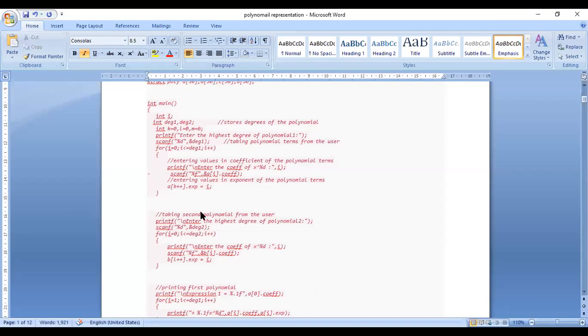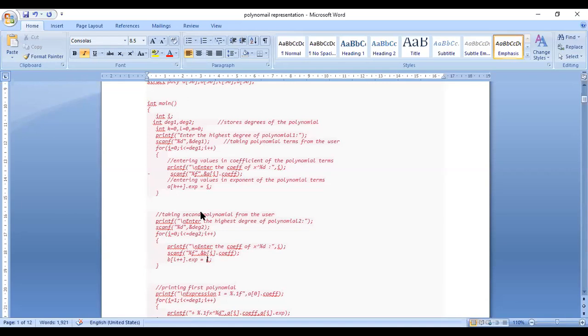So for i is equal to 0, i less than degree 2, i plus plus, printf enter the coefficient of x, that is i. That will be copied in coefficient of b of i dot coefficient. Next, b of k plus plus dot exp is equal to i.